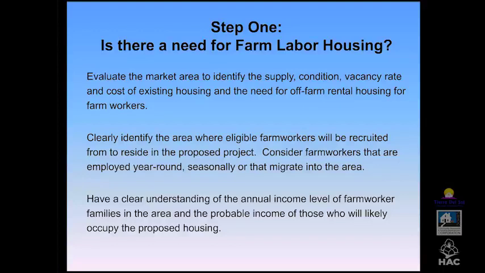And then also when you're considering the scope of the project, you want to take a look at how far they have to travel to work, how they get there, and how much income they earn. Is that seasonal income? Is your project going to serve migrant workers where it will be open just seasonally? In that case, you can use the operating assistance rather than rental assistance to help pay for the cost of operating the project.